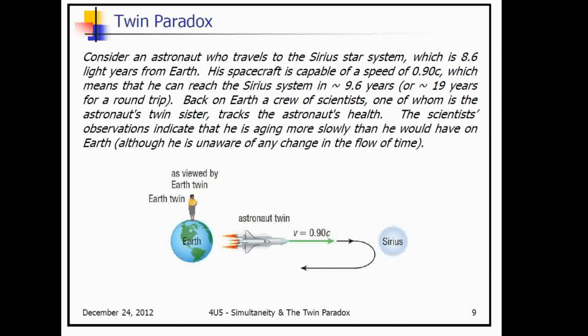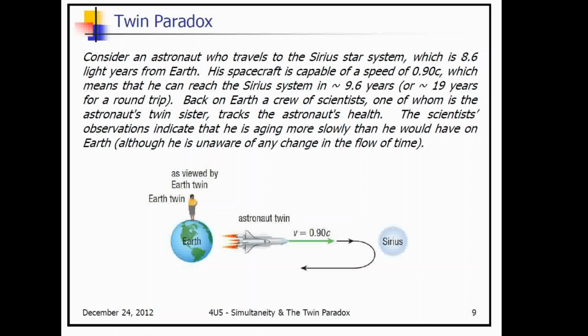and back to Earth. Now, on Earth, let's say his sister is working and tracking his health. The scientist's observations indicate that he is aging more slowly than he would have on Earth. In his frame of reference, he wouldn't experience that at all. So on Earth, if they're measuring the time he experiences, they're measuring his time as less than 1 second per second relative to Earth seconds.